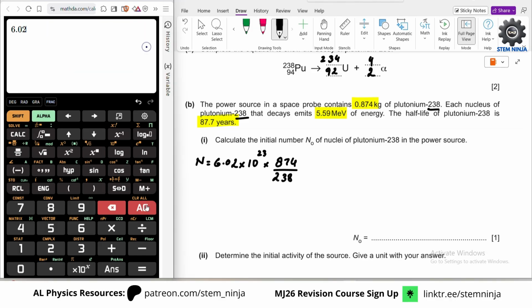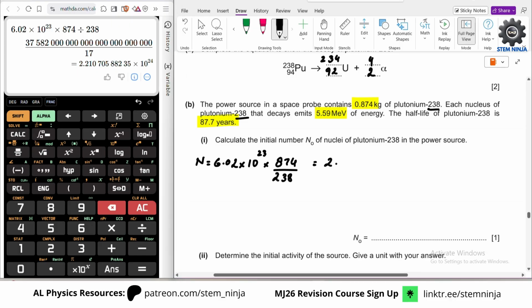So 6.02 times 10 raised to power 23 times 874 divided by 238. So you get 2.2 times 10 raised to power 24.